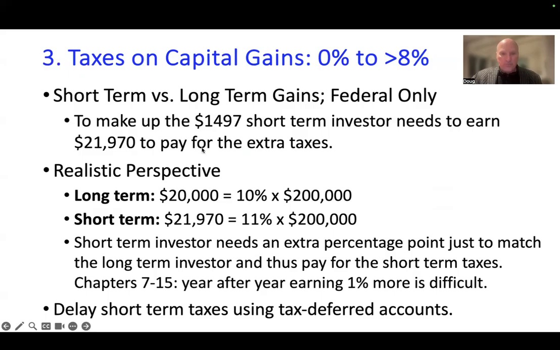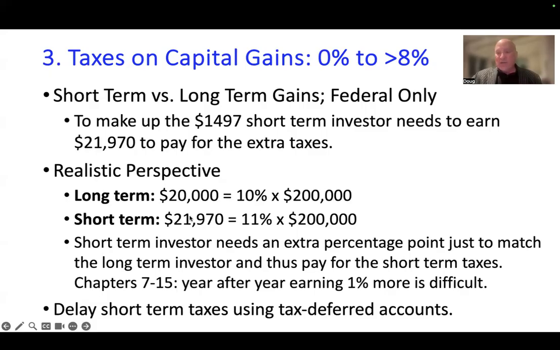Well, you might think it's 21,497, just adding 1,497 to 20,000. But remember, now you're going to be taxed on 21,497 at the short-term rate. You actually have to keep iteratively increasing it to 21,970 to have the exact same amount of after-tax income for the short versus the long term.